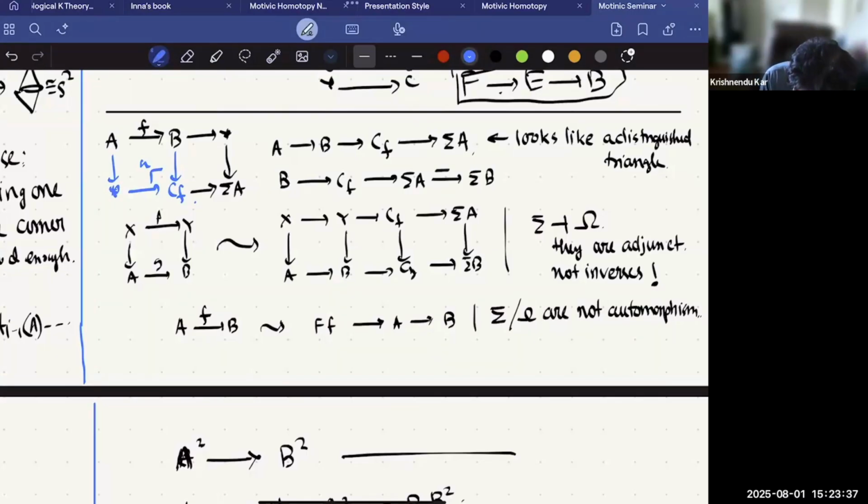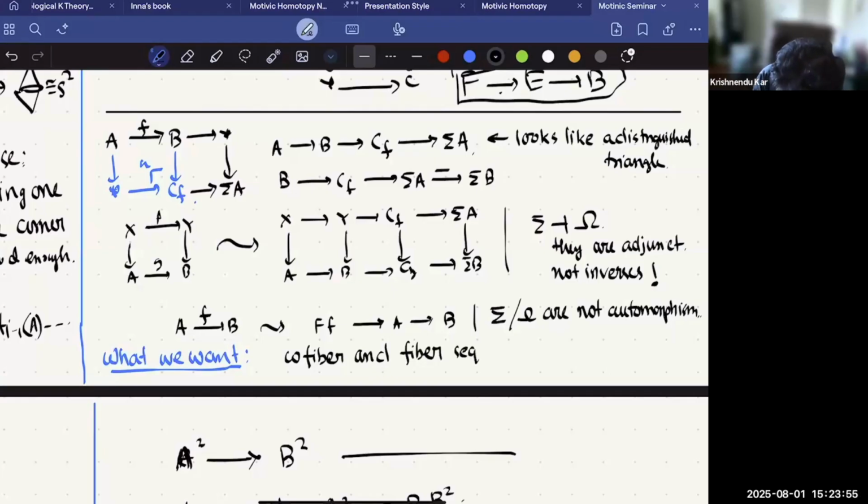So what do we really want, that I erased over here, is that co-fiber and fiber sequences coincide. Let's zoom out for a while and summarize what we have done so far, because this is the most important part.